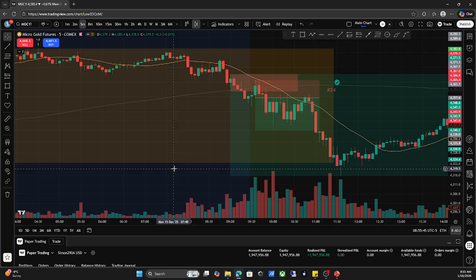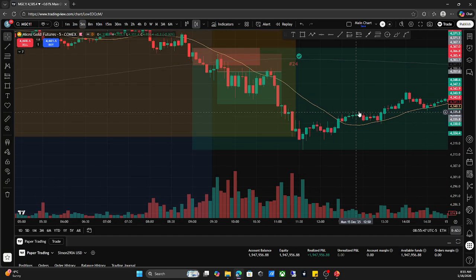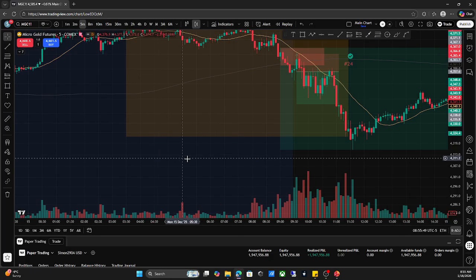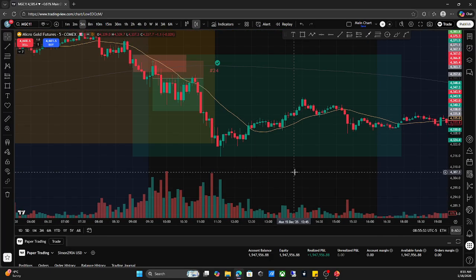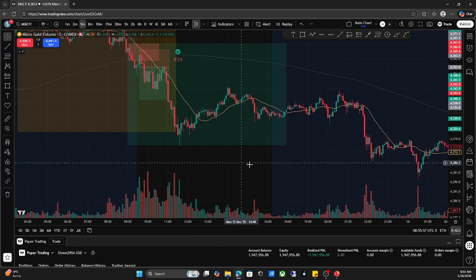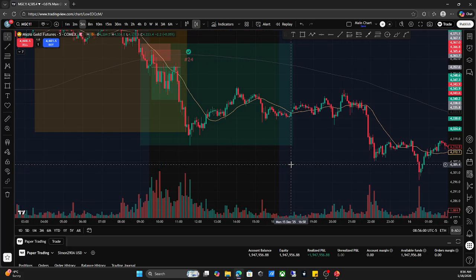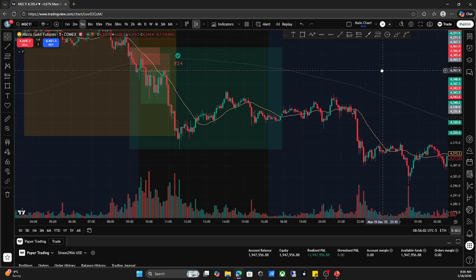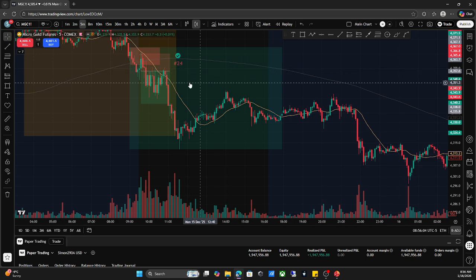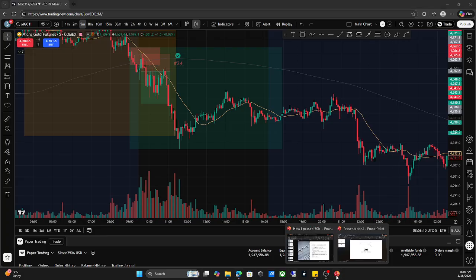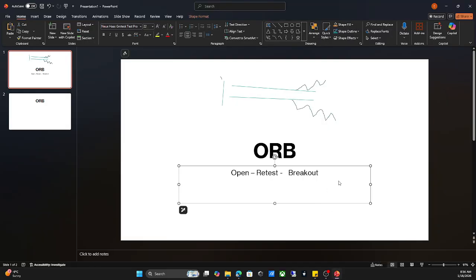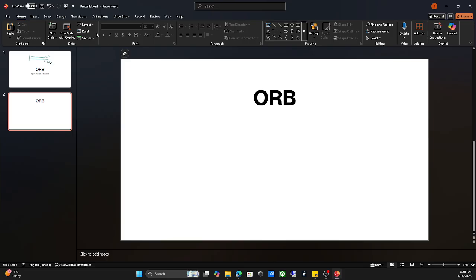So ladies and gentlemen, I think this is going to be our last test. As you can see that we have taken 24 trades, and out of 24, how many did we win and how many did we lose? So let's go and count. So 24. Let's see.